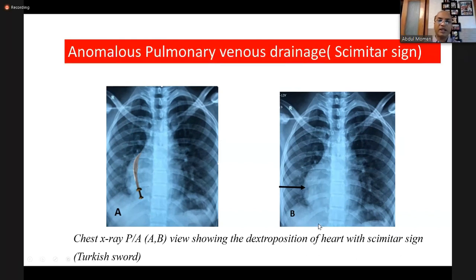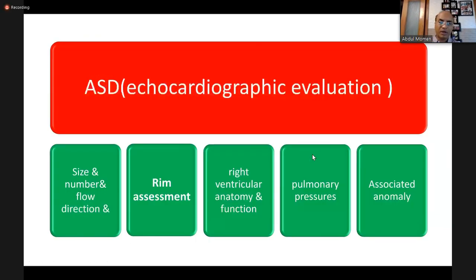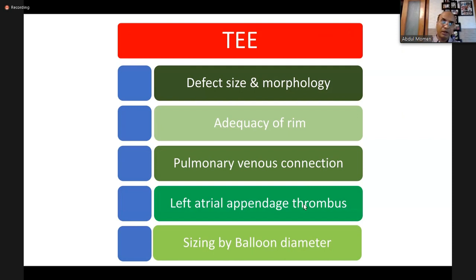There is special attention to the adequacy of the rim before device closure, pulmonary venous connection, left atrial appendage thrombus, and sizing by balloon diameter. In our country we mostly do not do balloon sizing of the ASD during device closure, but in many countries a balloon is placed across the ASD, and the diameter of the waist of the balloon is the size of the ASD.